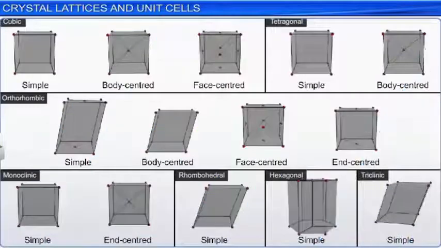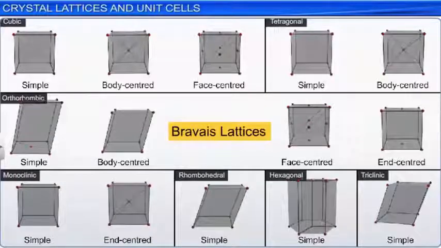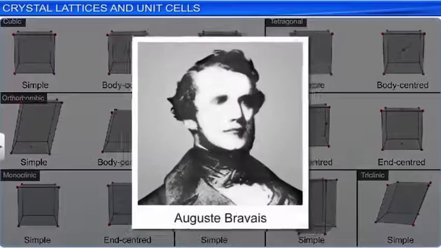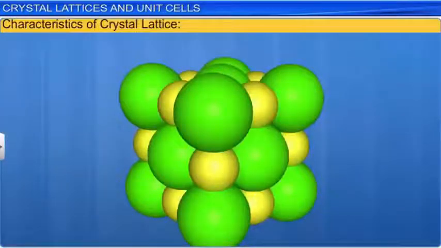There are only 14 possible three-dimensional lattices and they are called Bravais lattices, after Auguste Bravais, a French mathematician who first described them. Now let's look at the characteristics of a crystal lattice.